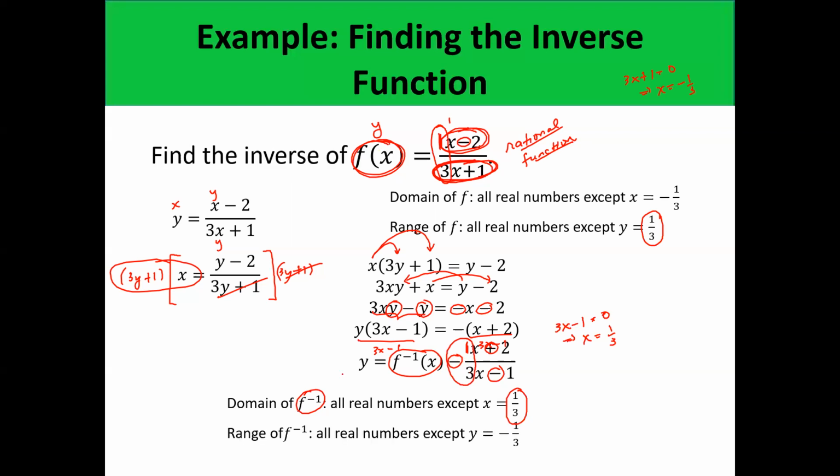So the range of f inverse is the set of all real numbers except y = -1/3, which is also the value excluded from the domain of f. So the domain of f is the range of f inverse, and the range of f is the domain of f inverse. This is a better example to show the domain and range property of f and f inverse.